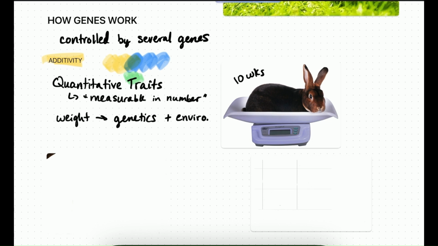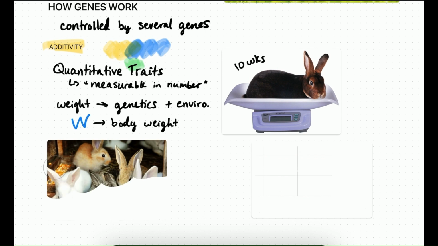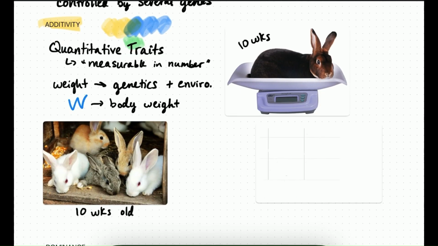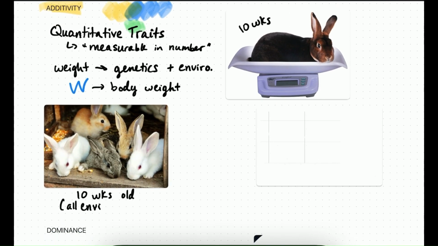Let's use a made-up example and say gene W influences body weight. For a group of 10-week-old rabbits, let's assume all the environmental factors are exactly equal, all the same, and all of the other genes that contribute to body weight are also equal.